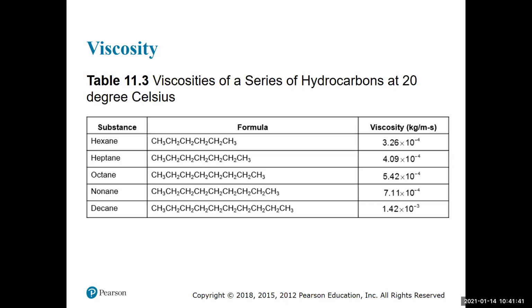They're all alkanes, they're all straight chain, so we don't have any other confounding factors in evaluating it. They're just getting a little bigger, and we see the viscosity increase. And we know viscosity is related to those intermolecular interactions, so the more of those we have, the more the viscosity increases.